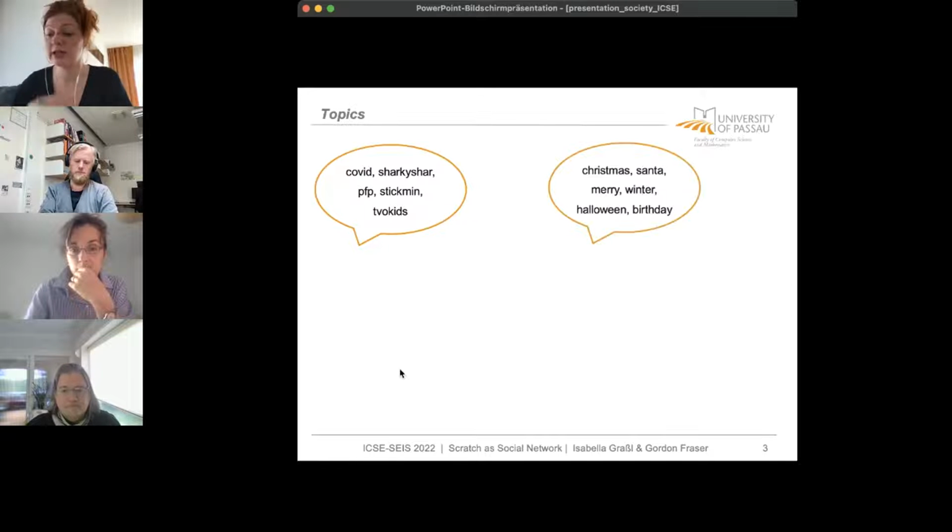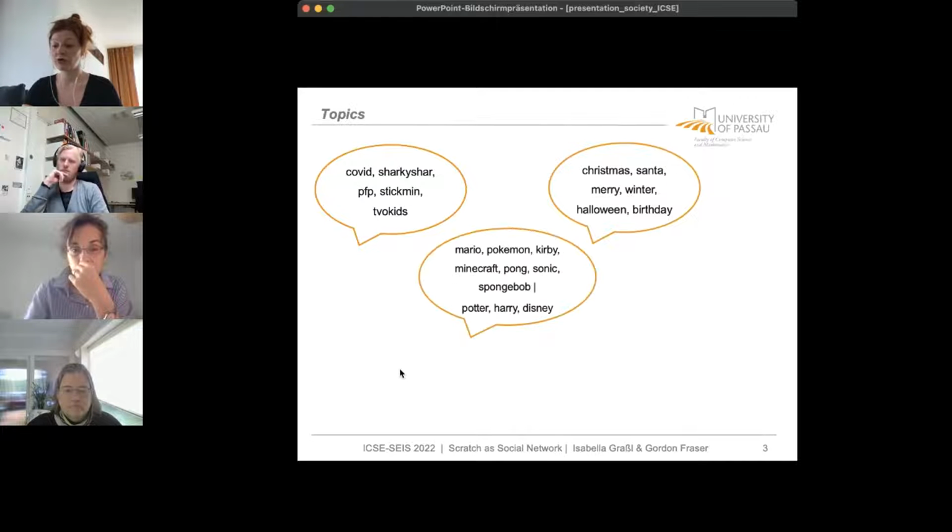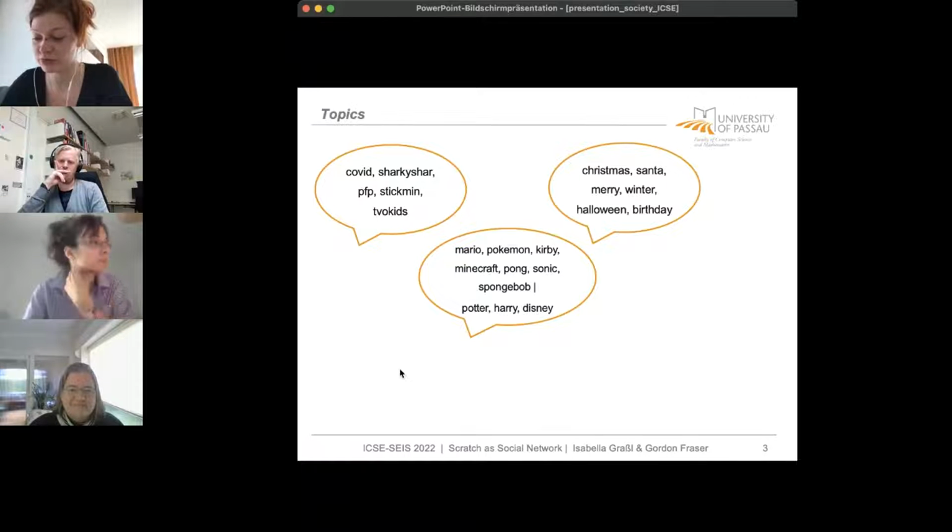But we also see common everyday life scenarios such as holidays and celebrations. Also, besides those real-world scenarios, we saw many topics dealing with references to net and pop culture. You can see Pokemon or Minecraft, for the older people of us, that are popular games for kids.